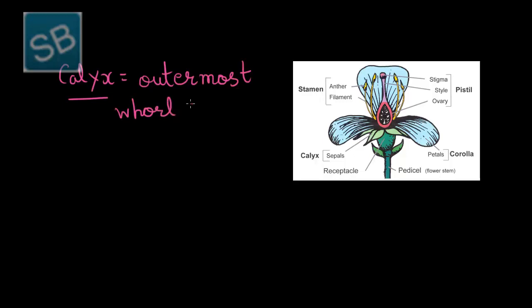As it can be seen from the figure, calyx, one of the two accessory organs, is considered as the outermost wall of the flower. Sepals are considered as the individual unit of calyx.